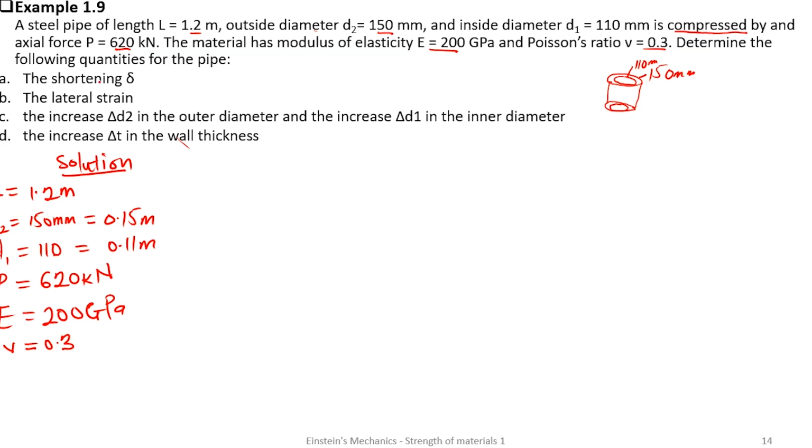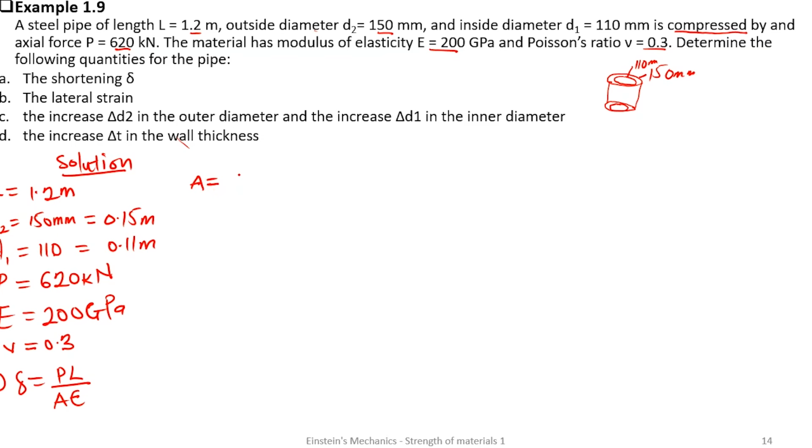Are we good? So what do we do? We are to calculate the shortening. And remember, the shortening, which is the elongation, is given by PL on AE, where A is the area of the pipe. But remember now we have two diameters. We have an outer and an inner one. So let's see how we can estimate the area. The area of the pipe is given by this formula. Pay attention here.